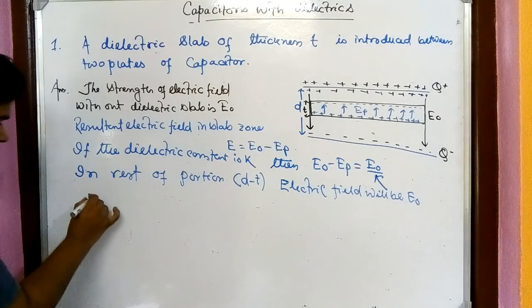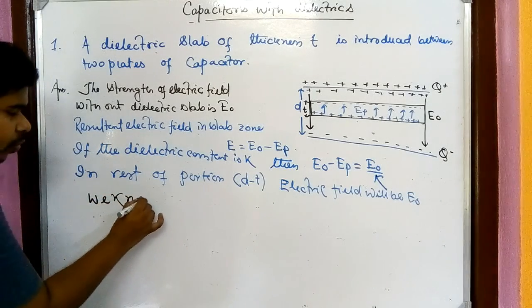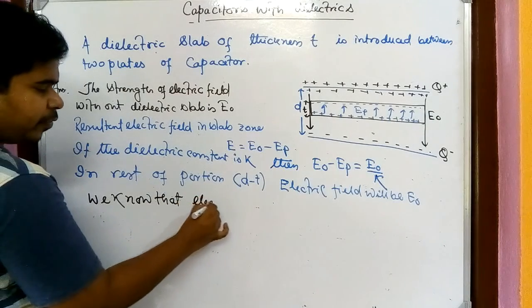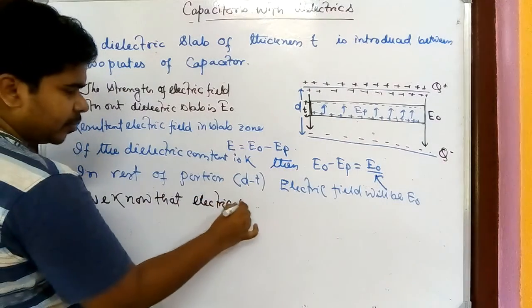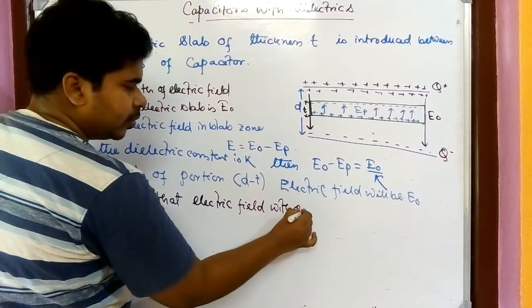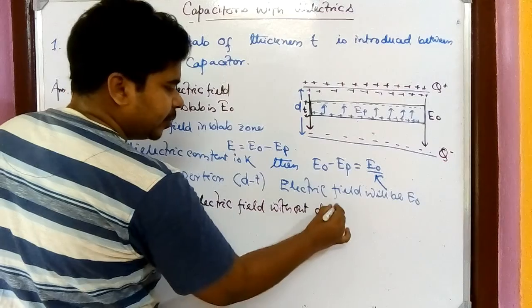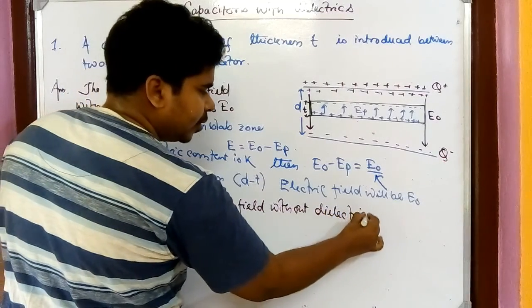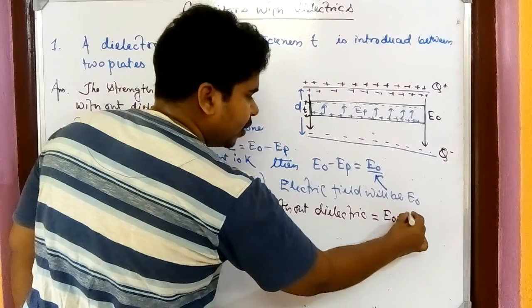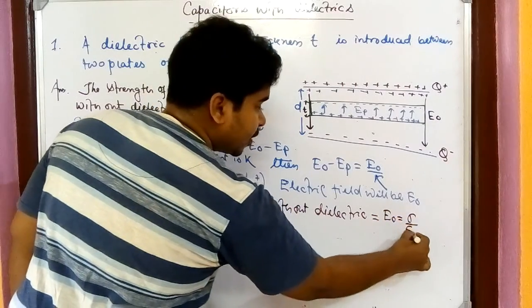Now we know that the electric field without dielectric is equal to E naught, whose value is sigma by epsilon naught.